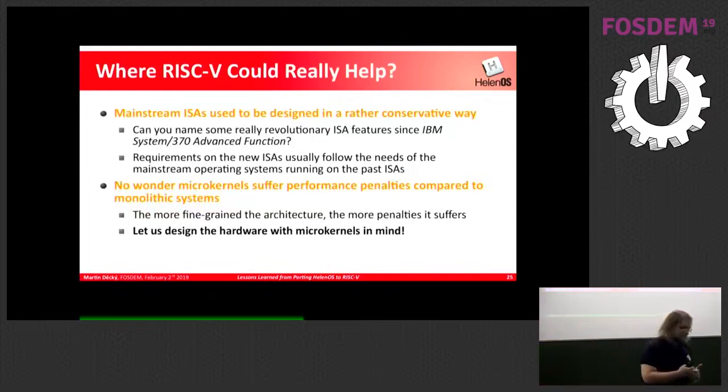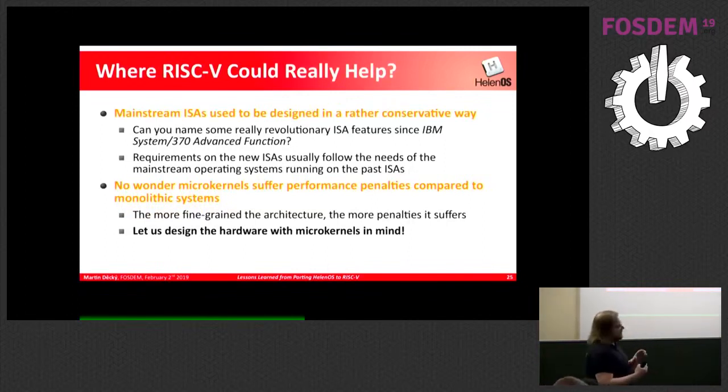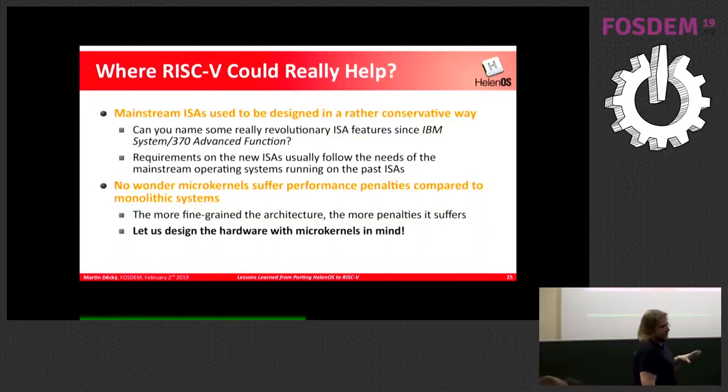I believe that the cost is being caused by the fact that the CPUs have been designed so far just with monolithic operating systems in mind. And again, I'm not blaming anybody.